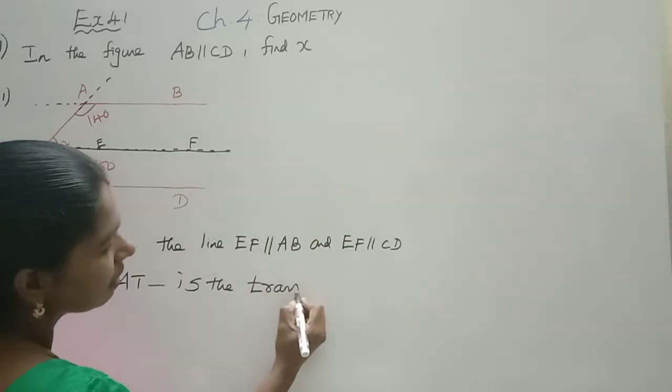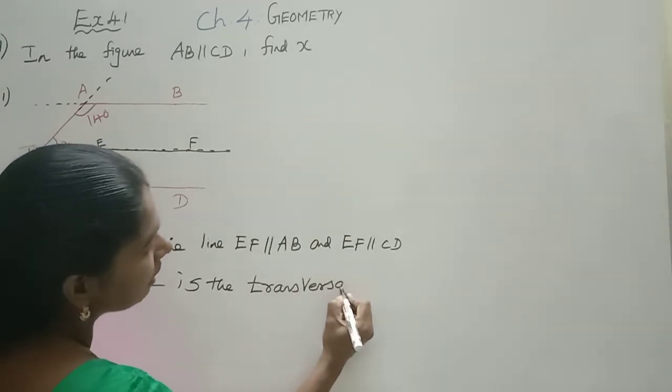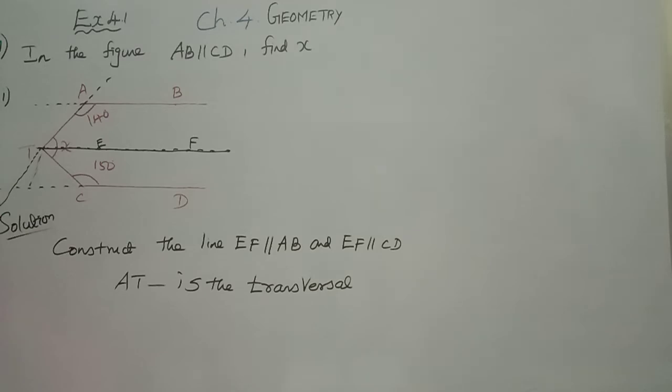If a transversal cuts a pair of lines, what types of angles will be created? Corresponding angles, vertically opposite angles, and co-interior angles.